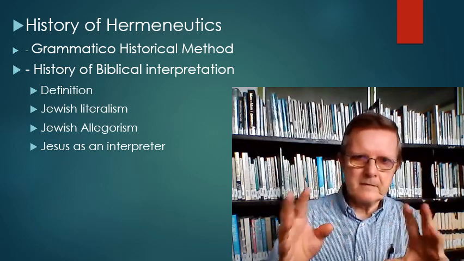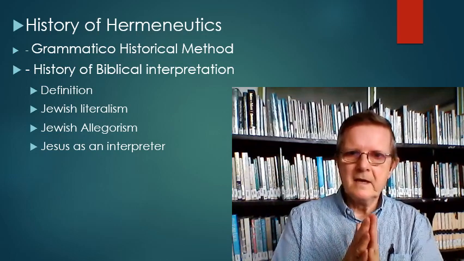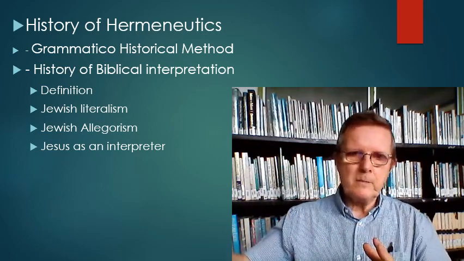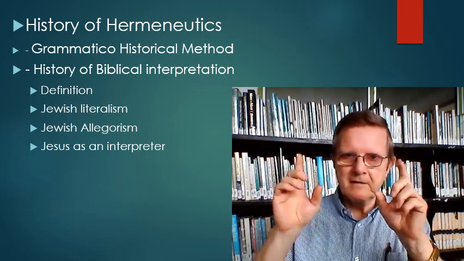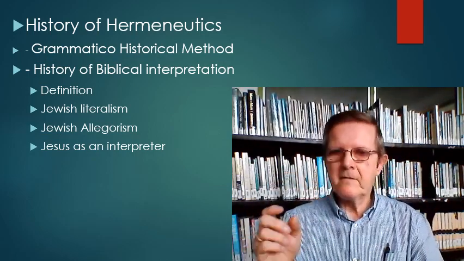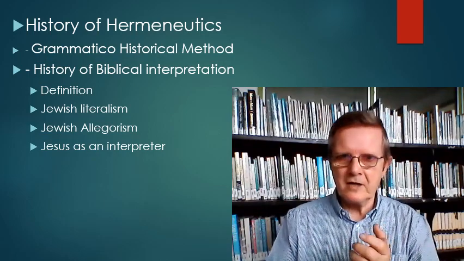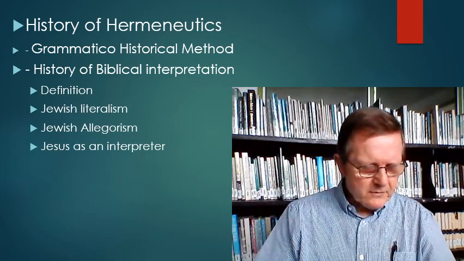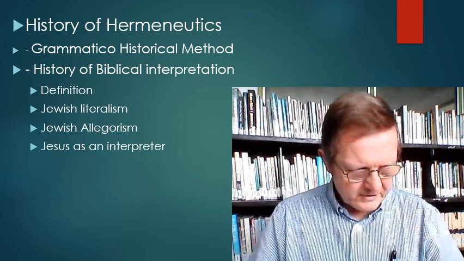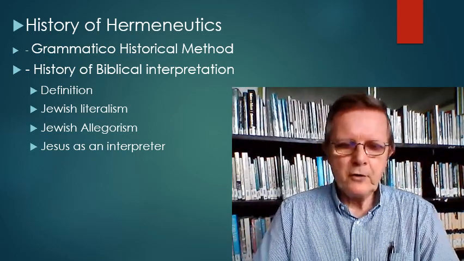And then there was a problem, and he was summoned to a place, and he was kidnapped. The kidnapping was actually set up to make sure that he was not killed by other people. But that's history. But he came up with what is called the grammatical historical hermeneutics.